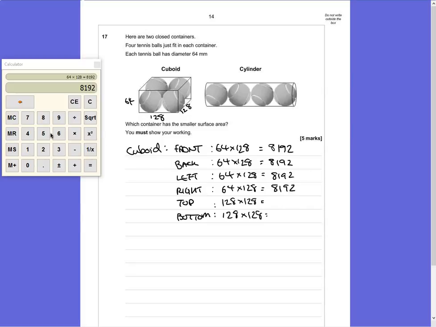For the top and bottom, 128 multiplied by 128 gives us a value of 16,384, which must be the same at the bottom. If we add all those values together, we can find the total surface area of the cuboid.